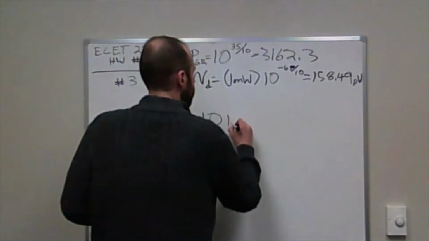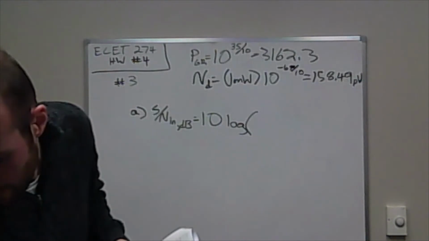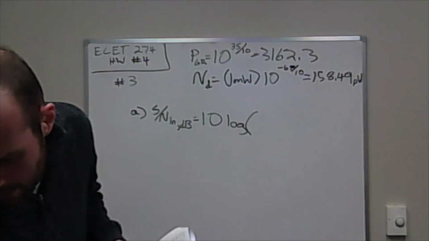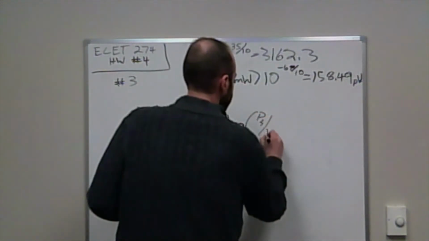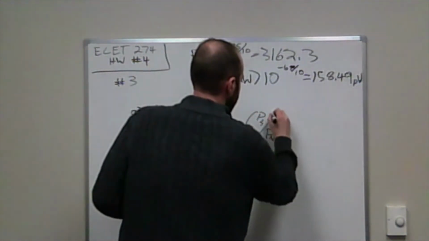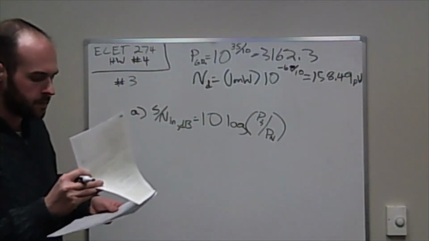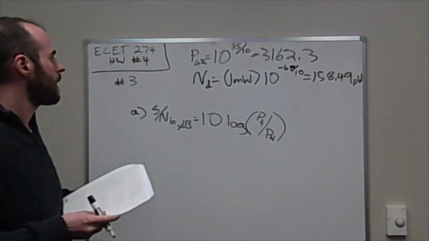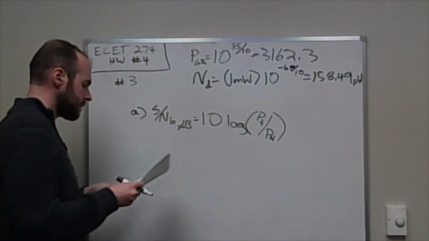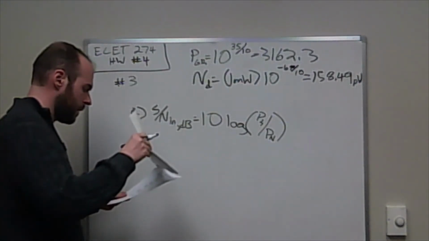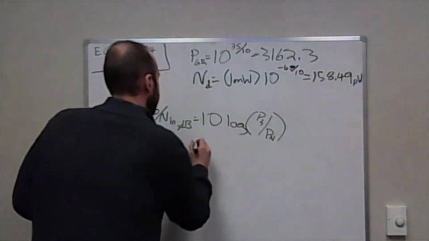It's just 10 log of the power of the signal over the power of the noise. And both of those quantities are actually given in the problem to us. We have the signal input power and the noise input power. So we can plug those here. The 100 picowatt and 20 femtowatt is what we're plugging in there.